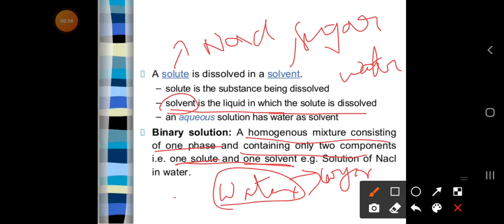So it contains two, and in total it is a binary solution. This binary solution is in one phase. So it is a homogeneous mixture consisting of one phase containing only two components, one solute and one solvent, and we call it a binary solution. So this is solute, solvent and binary solution.